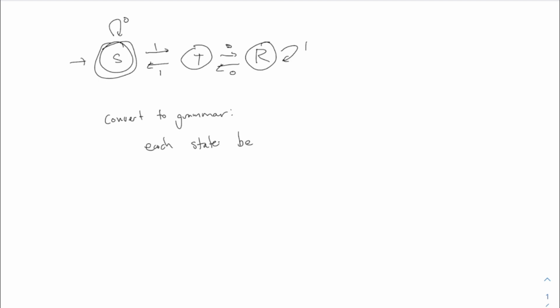Those are usually what we use the capital letters for in a grammar. And each arrow or transition in the diagram becomes a grammar arrow, or production is what they're called in a grammar.